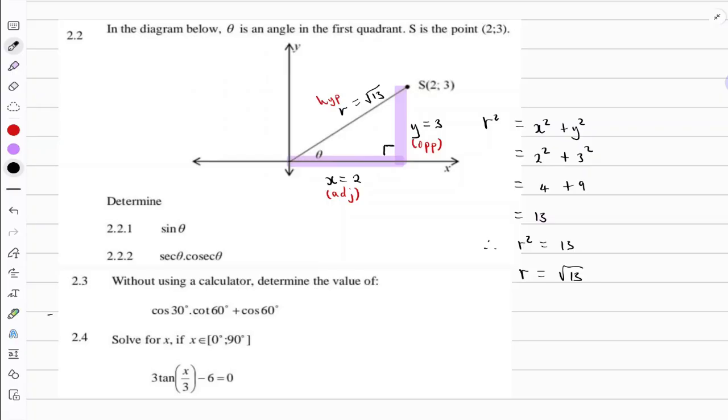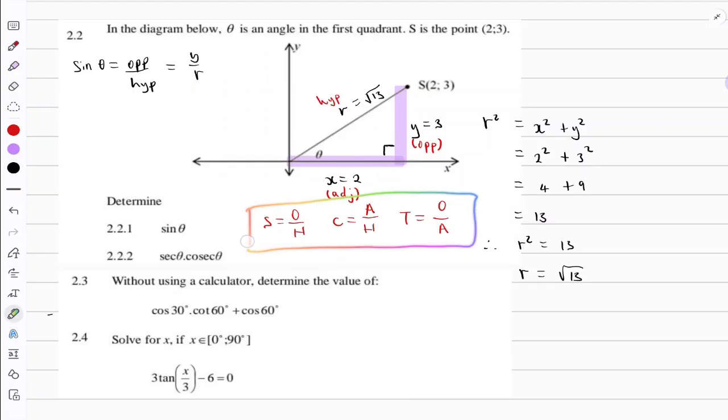So by definition, the sine of theta should be equal to the opposite over the hypotenuse, or y over r. This comes from the acronym SOHCAHTOA. So now we can just substitute. Our opposite is 3, and our hypotenuse is the square root of 13.